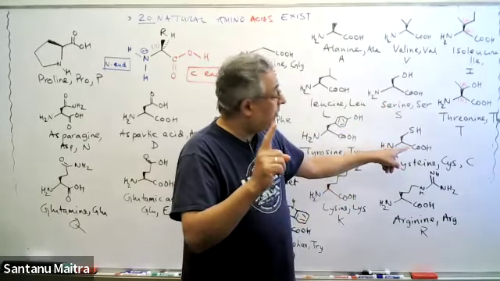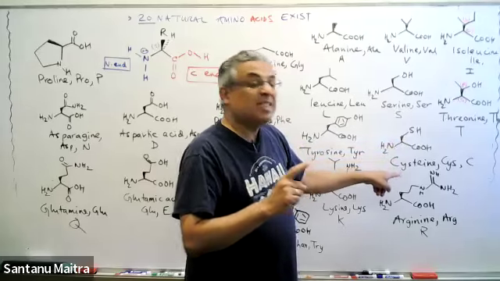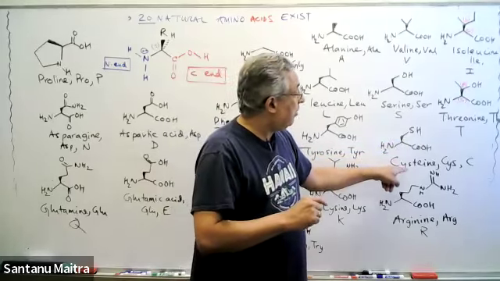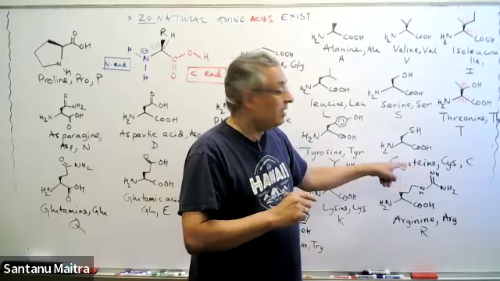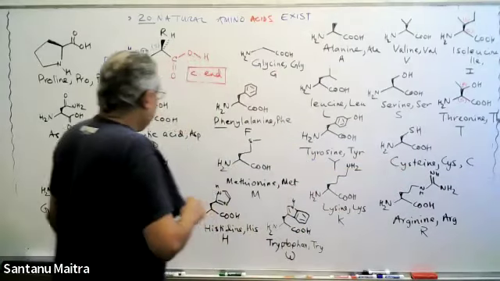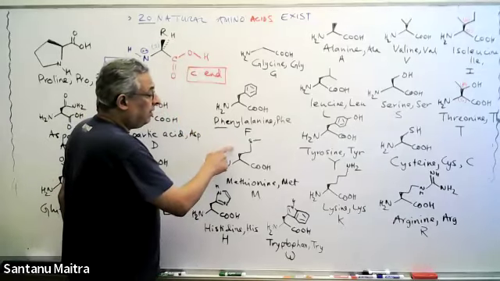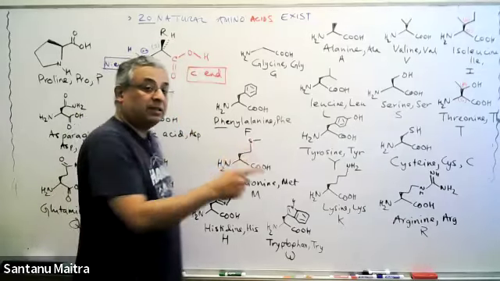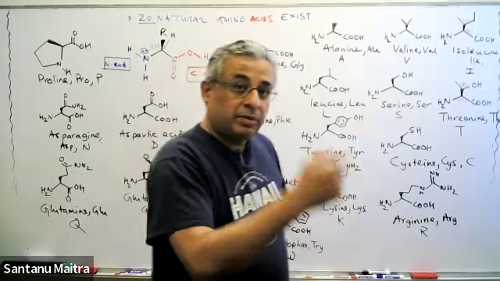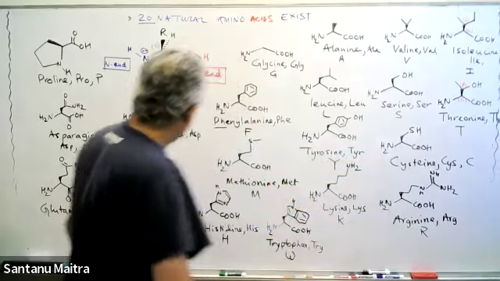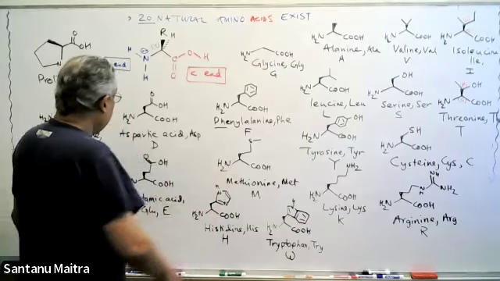The one only with SH is cysteine. What else? Another one with a sulfur, but then it's not SH, it's methyl. Thiomethyl group. It's called methionine.